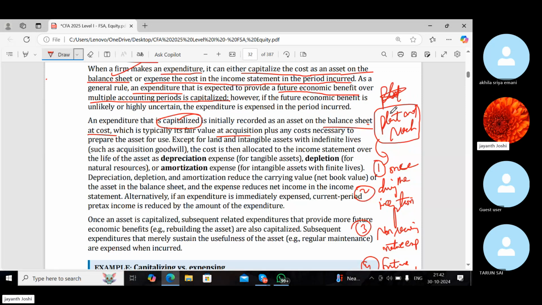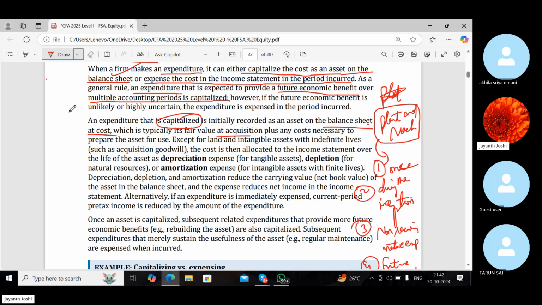So the cost you incurred to buy that asset is equivalent to the fair value of that asset on that day, plus you have spent some expenses to bring that asset to your factory premises, or to make that asset ready for use. Like if you bring plant and all, that also.